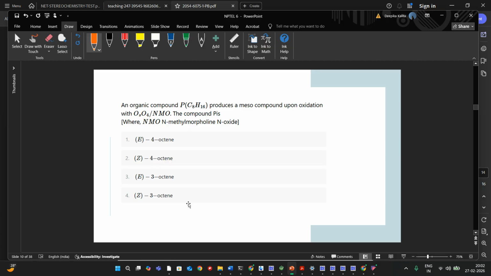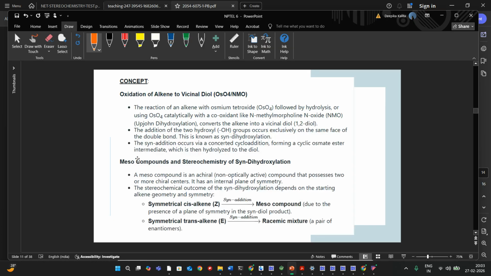So you must know one thing: to produce a meso compound upon dihydroxylation, the compound must be Z. Okay, the configuration of the double bond must be Z. So let us look at the concept and explanation for this question.